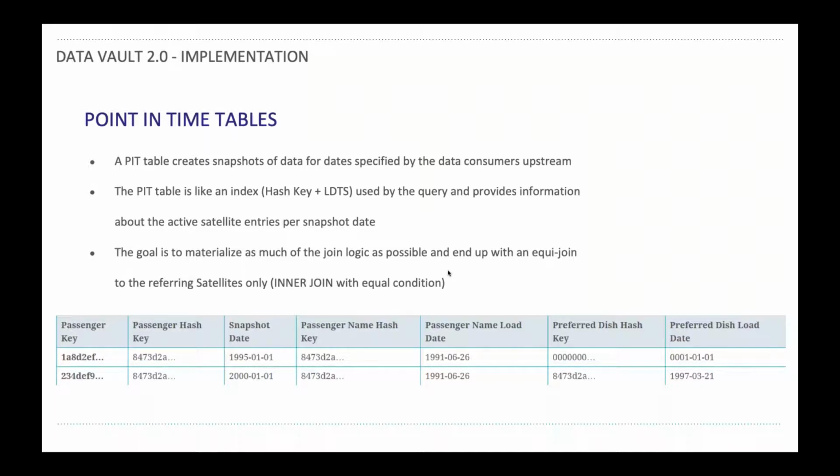Not because, what a lot of people think, of the number of joins. It's not the number of joins that's killing the performance. The problem is the complexity of the joins, because what's required is a left join with a between condition for producing type 2 dimensions, SCD type 2.